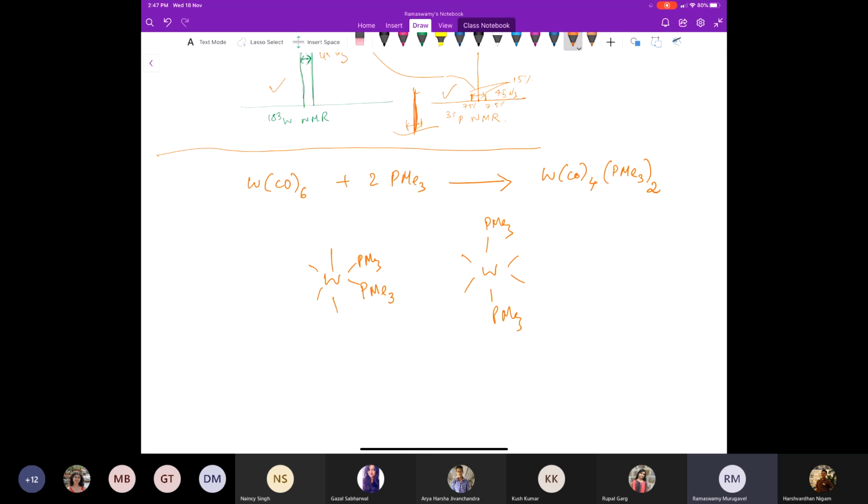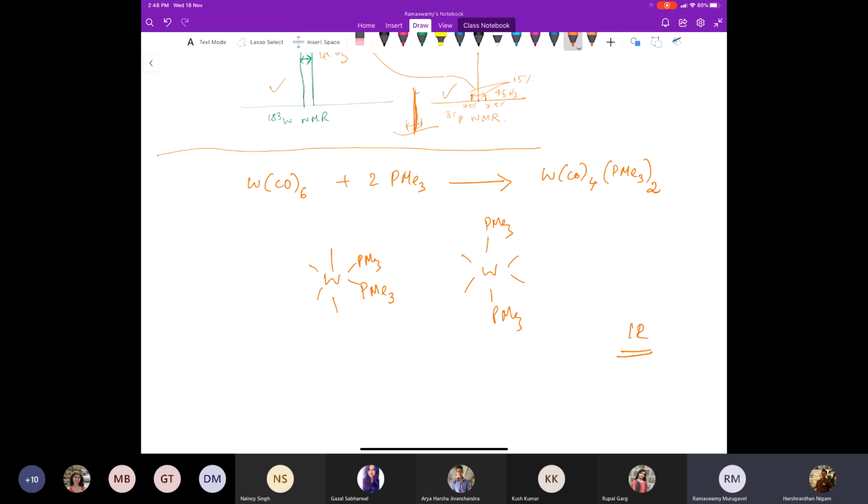What are the spectroscopy techniques which will be useful to identify whether I have a cis or trans? Of course, don't say IR. I think IR I've taught already. How about coupling constant? NMR? Yes, coupling constant is what I feel can distinguish.